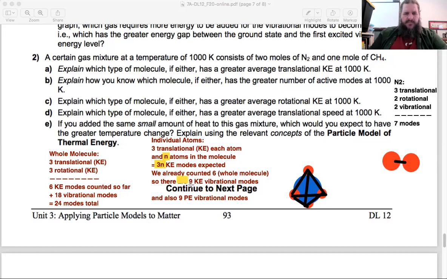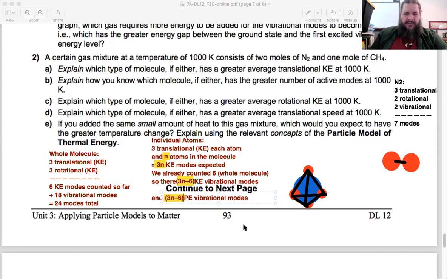Right. So we're going to have 3n minus 6 extra kinetic energy modes uncounted, and those are the vibrational modes. And of course, there's also 3n minus 6 potential energy vibrational modes as well, because the kinetic energy vibrational and potential energy vibrational have to match.